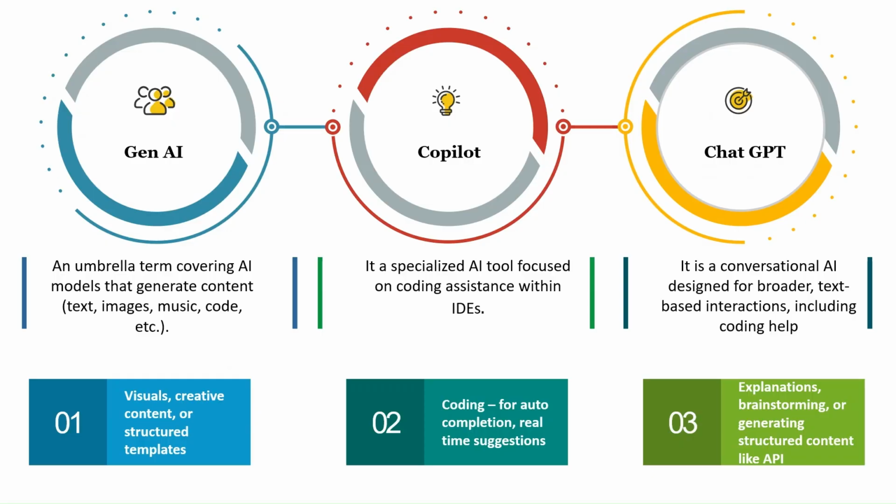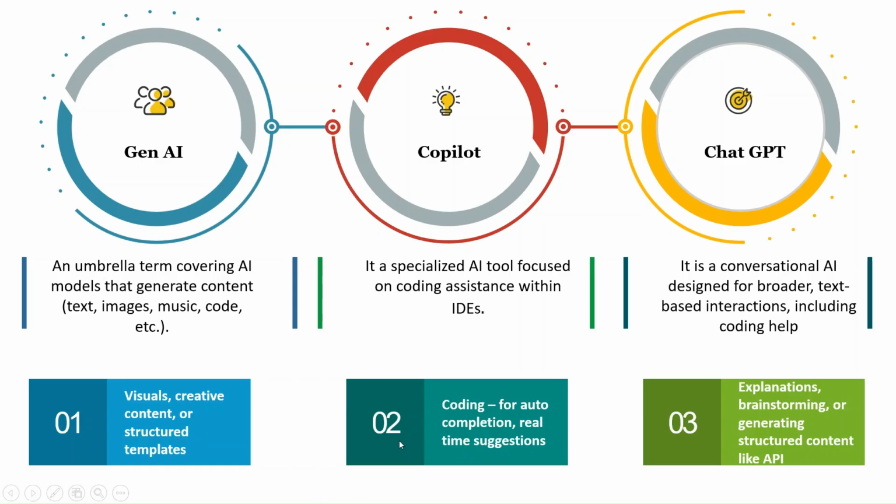You can create content or structural templates, for example architectural diagrams, or documentation, or test case templates, or even infrastructure as code, IaC scripts. These are the things that you can do using GenAI.